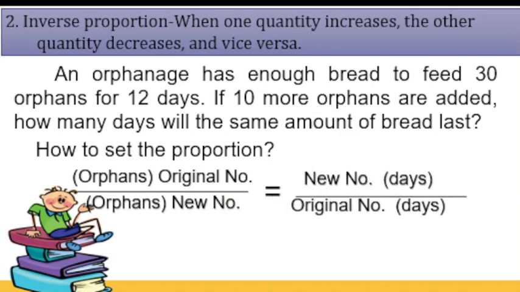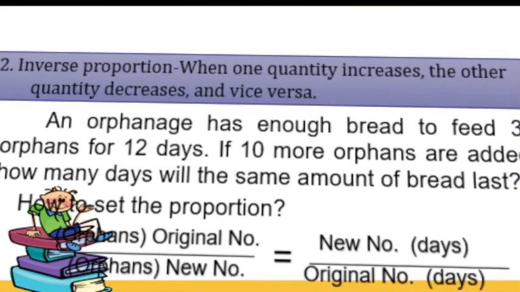Again, at first we have 30 orphans and then 10 more added. So therefore, our new number will become 40. And then our new number of days is x. And then the original number of days is 12. And then we cross multiply.